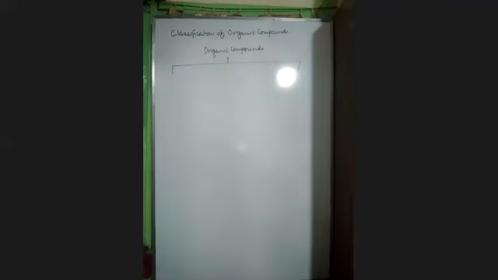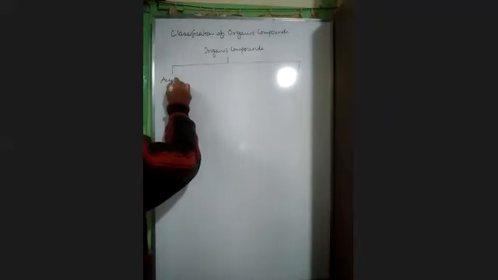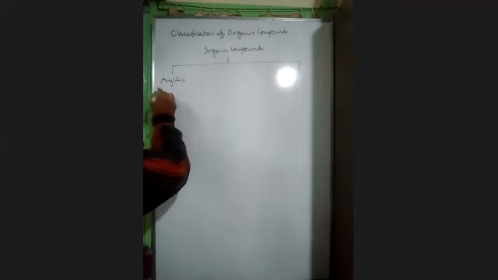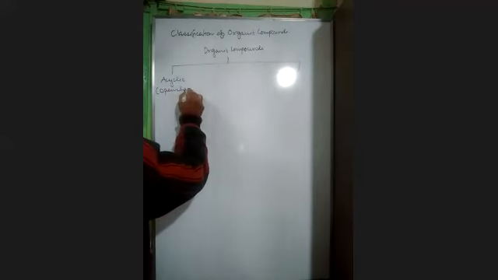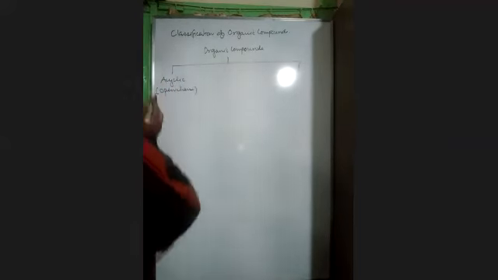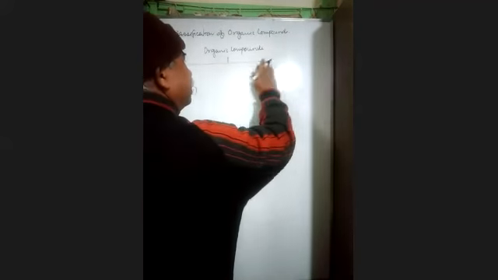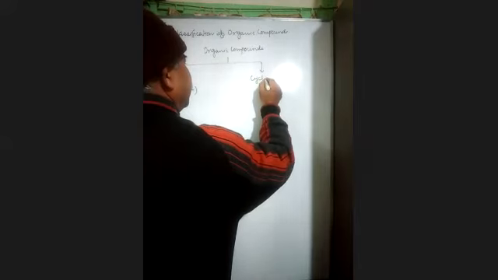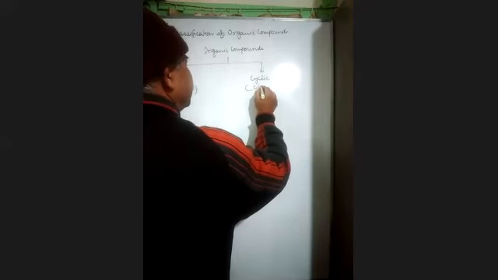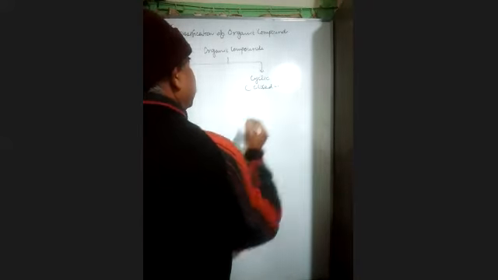So we can write here: we call it acyclic, that is, open chain, and we call it cyclic, that is, closed chain.